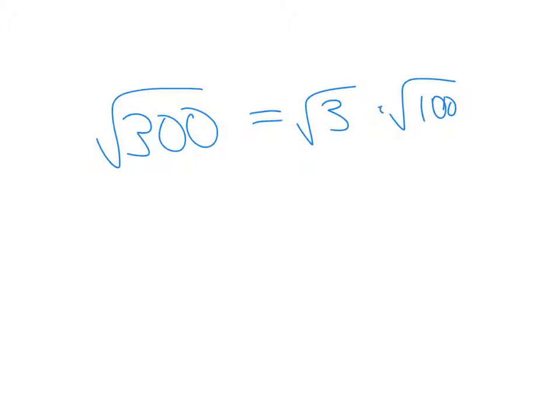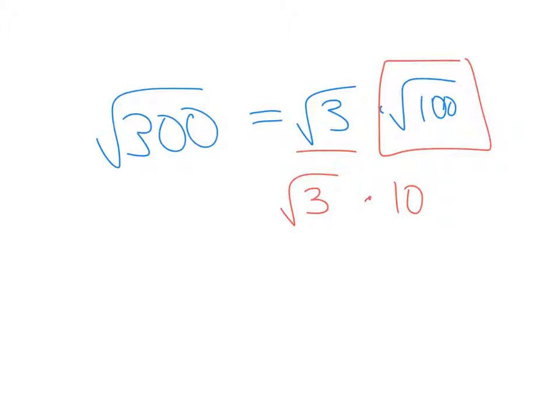The reason is that radical 100, I know the answer to that. What's the square root of 100? 10. Radical 3 I can't do anything with. So this is essentially going to be radical 3 times 10. The way we write that, it's going to be 10 in front times radical 3.